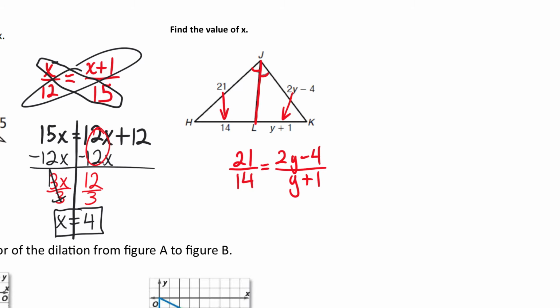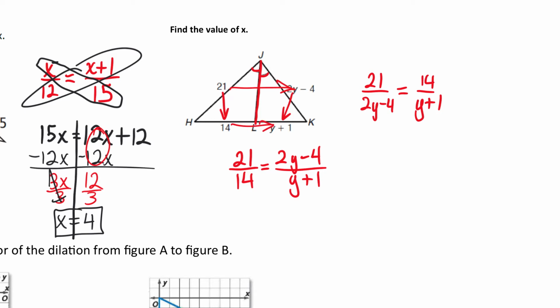I thought it was supposed to be over this one. Okay, if you did it that way, that's good also. If you did 21 over 2y minus 4 equal to 14 over y plus 1, that's okay. Because I think she told us if there was a line in the middle, to do it over. Yep. So you did this over this equals this over this. Oh, that makes sense though.